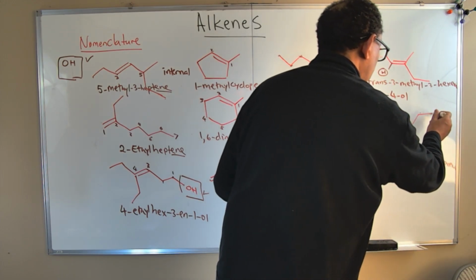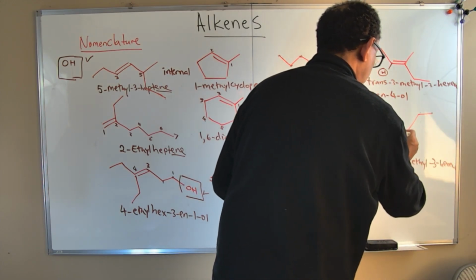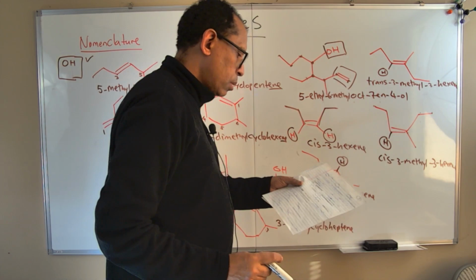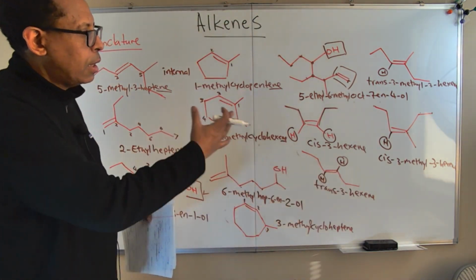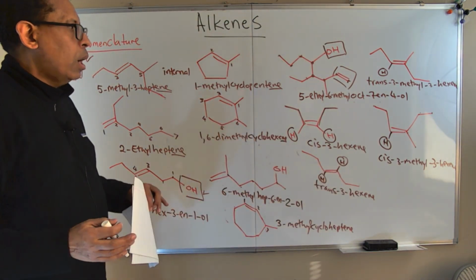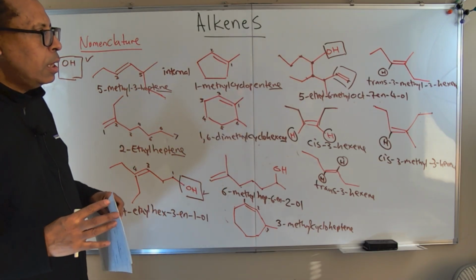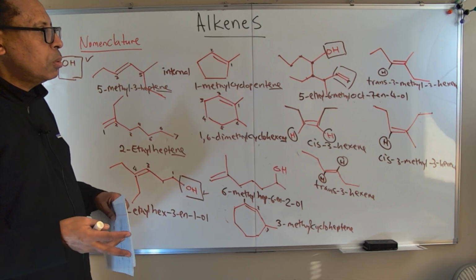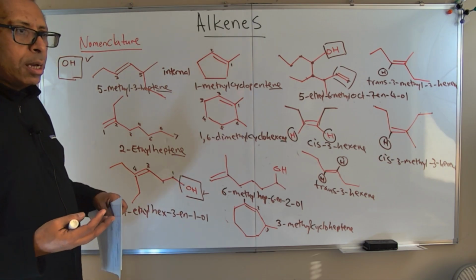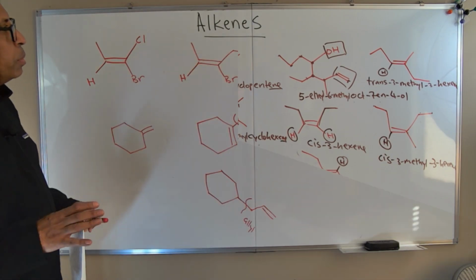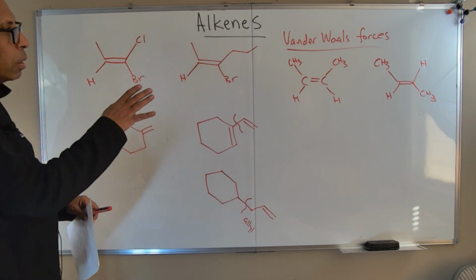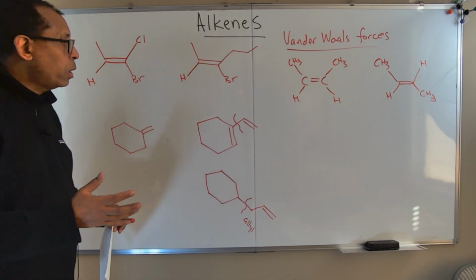This is 6 carbon, 1, 2, 3, 4, 5, 6. So this is how you name cis and trans. This gives you overall how the nomenclature in alkenes works, and now we'll continue to other chemical and physical properties of alkenes.